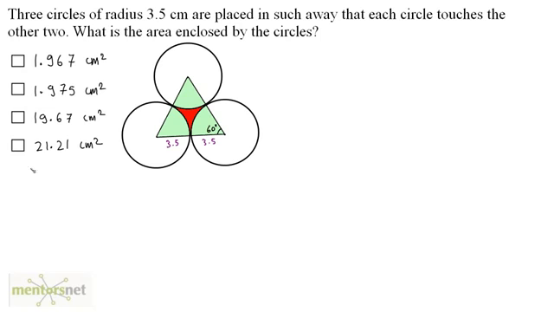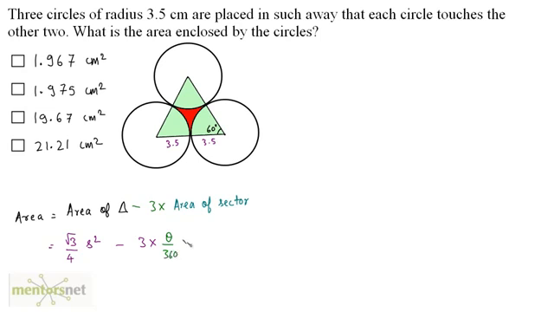So the area enclosed by all of these three circles will be equal to the area of the triangle minus 3 times the area of one sector, because all of these three sectors are the same. Now the area of an equilateral triangle is root 3 by 4 side square, and the area of a sector is theta by 360 into pi r square. So put the values and get the answers.